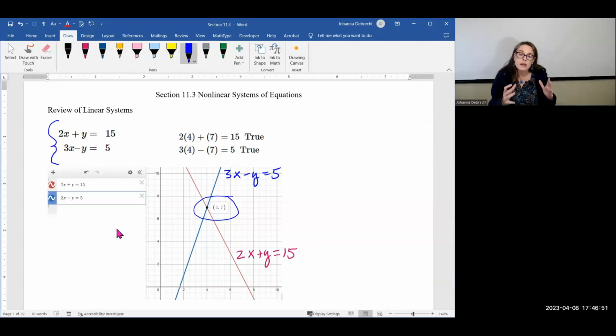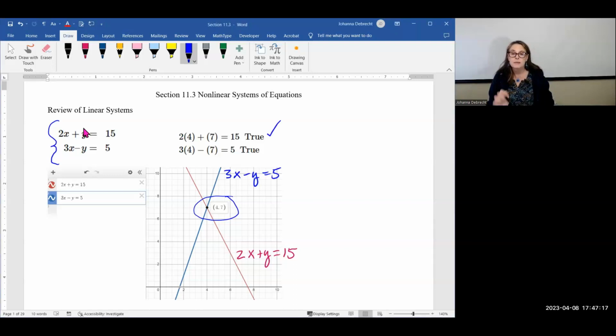Now, what does that mean? That means if I plug in 4 for x and 7 for y in both equations, I'll get a true statement. So you'll see that that's happened right here. So taking the first equation, 2x plus y equals 15, and substituting 4 in place of x and 7 in place of y, I find that 2 times 4 is 8, and 8 plus 7 is 15.